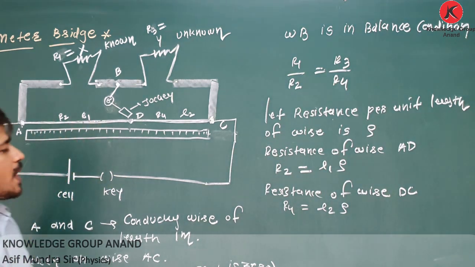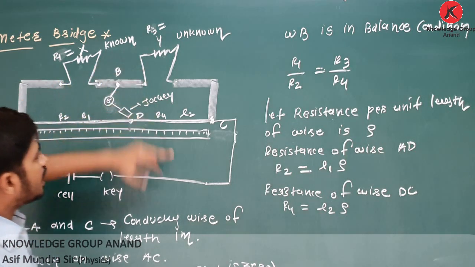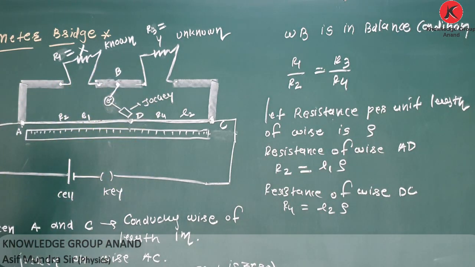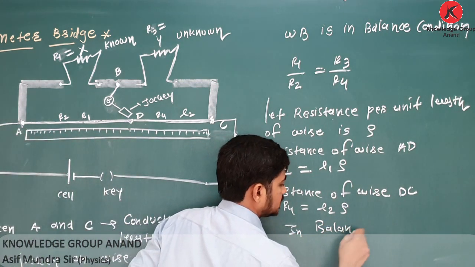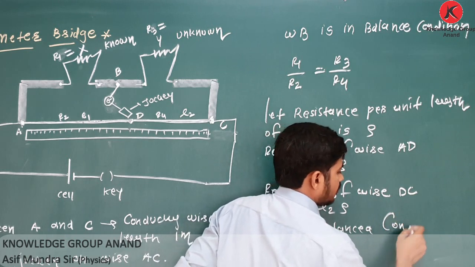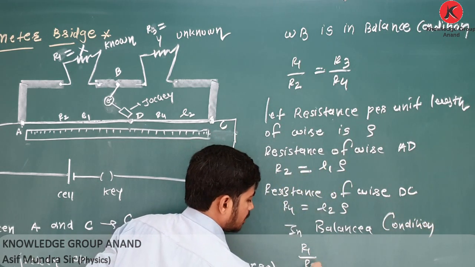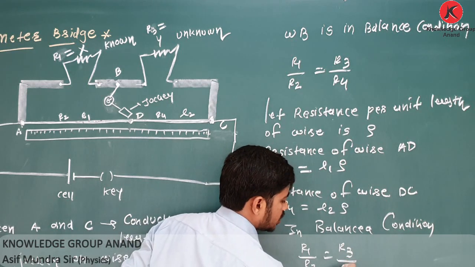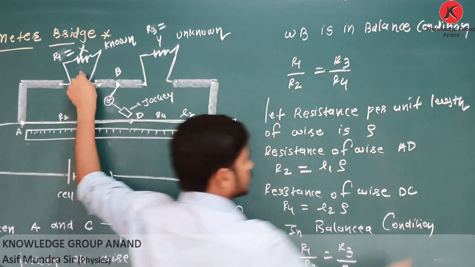Okay. So now I have 4 resistors, R1, R2, R3 and R4. In balanced condition, if I write this equation, R1 upon R2 is equal to R3 upon R4. What is R1? R1 is equal to X, a known value.